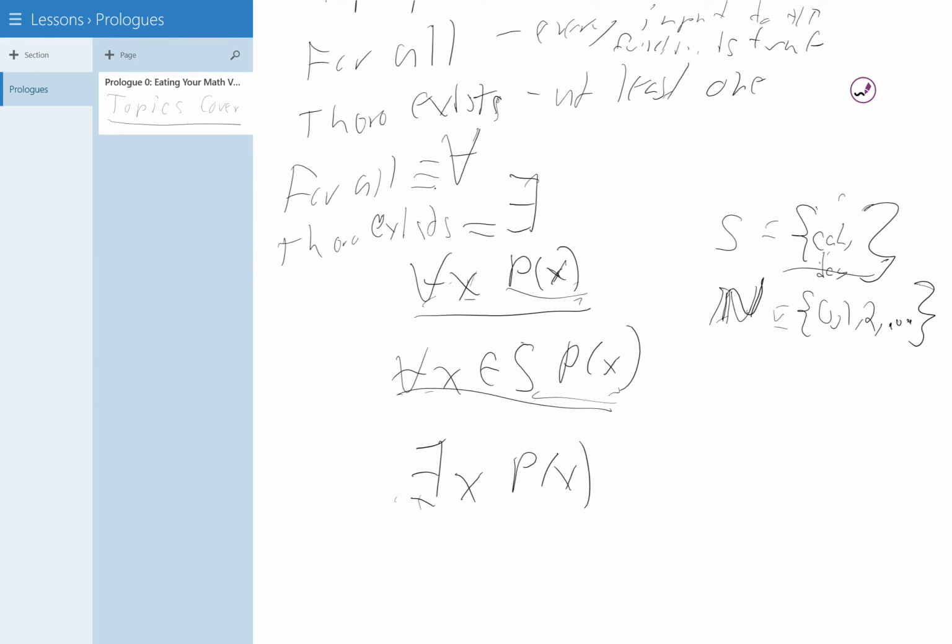I'll go over this for all and there exists in the beginning of the next video as I tell you what a set is, and we'll go over what a function is. So let's actually call it quits here. This is called universal quantification.